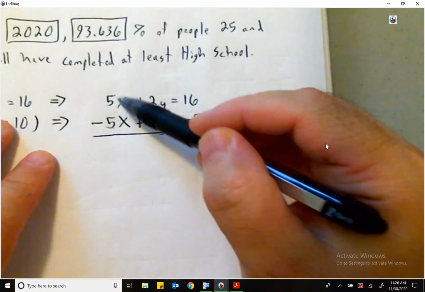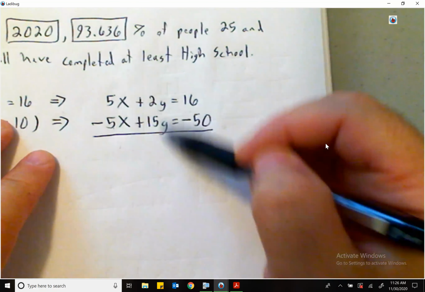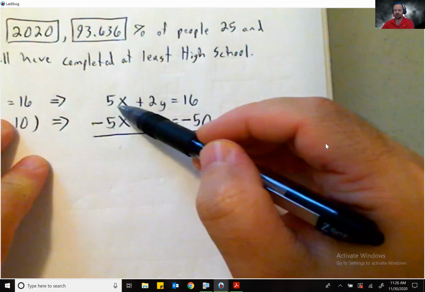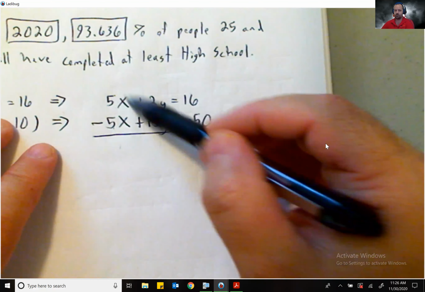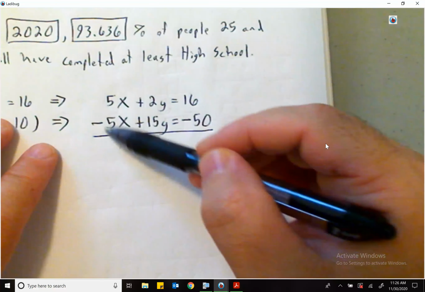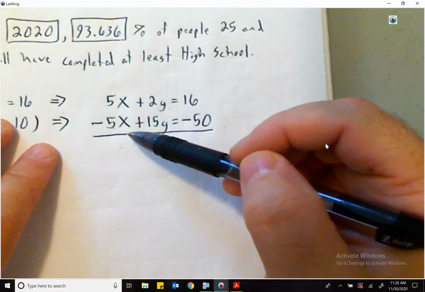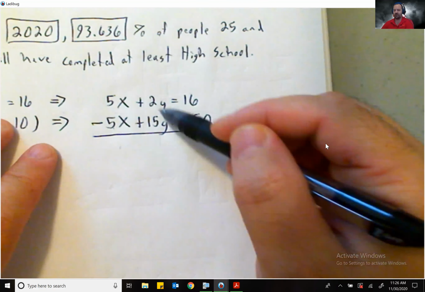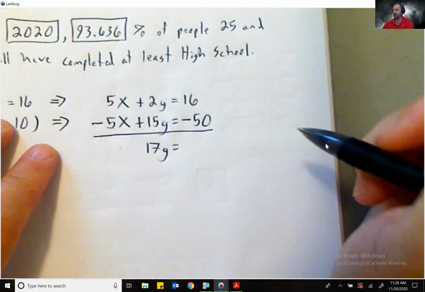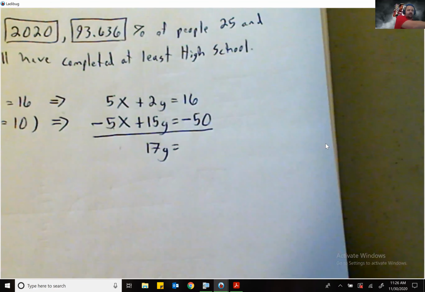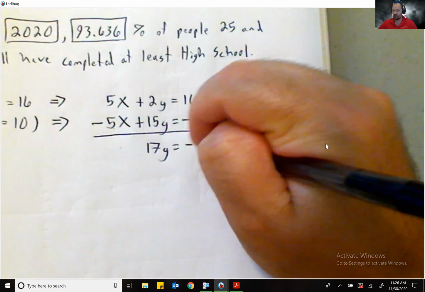All we got to do is add down. So what's going to happen to the x's? They cancel out. They eliminate. 2y plus 15y is 17y, and 16 plus a -50 is -34.